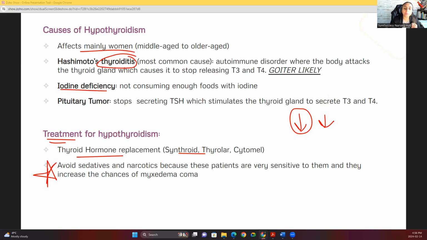Why? What will sedatives and narcotics do to your body? Low or high? Low. First of all, I have the thyroid making it low. Then I have the illness which is making it low. And then on top of that, you give me the medicine which is keeping it even lower. They are so sensitive.